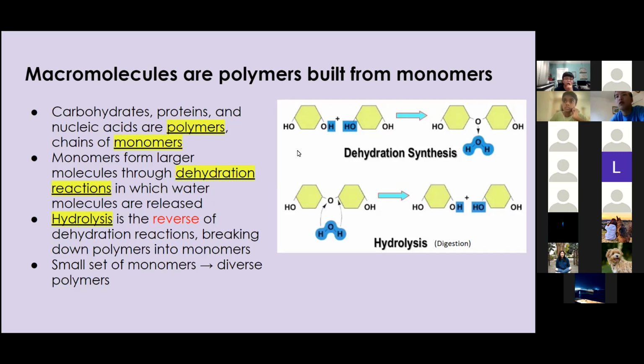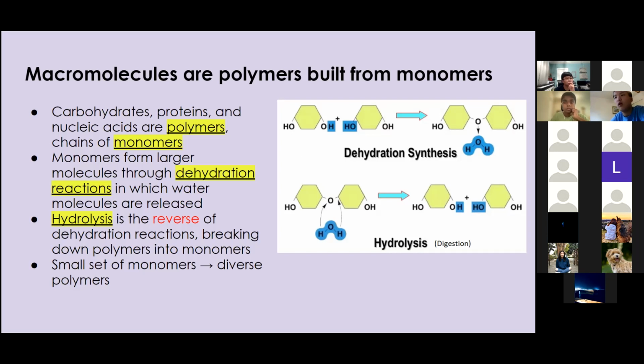The opposite of dehydration reactions is hydrolysis, which is basically the reverse, and it is the breakdown of polymers, and a water molecule is basically added. And so these polymers will have a water molecule added to them, and they'll break down into monomers.